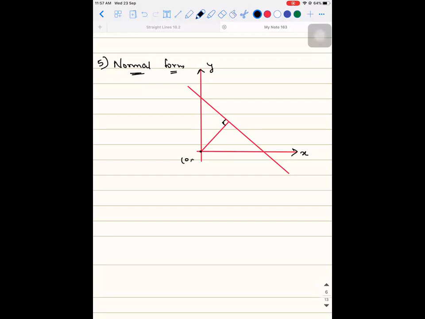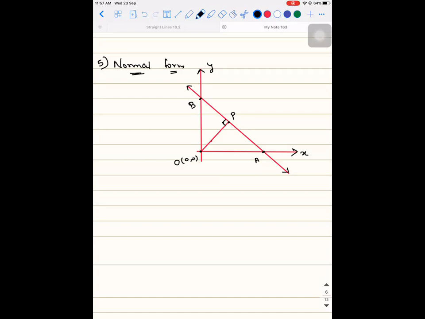This is (0, 0). This point is A, this point is B, and this point, let's take it as P, which is the foot of the perpendicular from the origin to the line. So I hope you're able to visualize till this point.